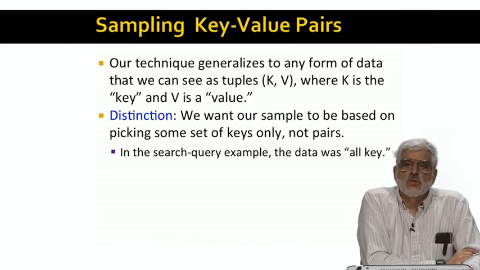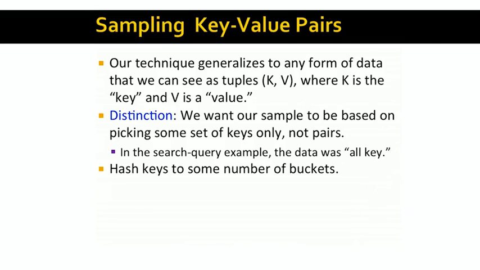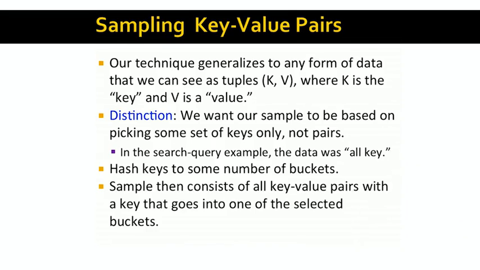In our example of search queries, the search query itself was the key and the value was null. It was not really there. In general, we select our sample by hashing keys only. The value is not part of the argument of the hash function. We pick an appropriate number of buckets for acceptance, and we add to our sample each key-value pair whose key hashes to one of the accepting buckets.